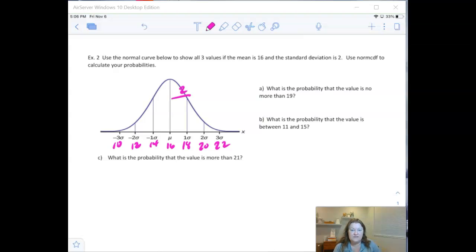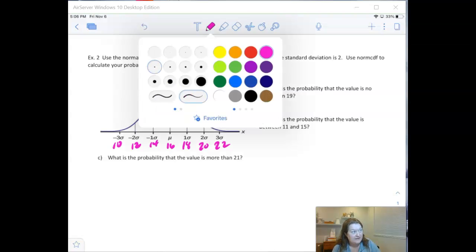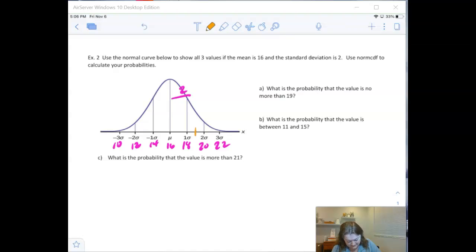Then part A says, what is the probability that the value is no more than 19? No more than 19. So 19 is right about here. So no more than means we want it to go this way forever, but then approach 19 and then stop at 19. Okay, so that is not where one of my standard deviations is, so I can't use my 68, 95, 99.7. So I'm going to have to go and find a z-score.